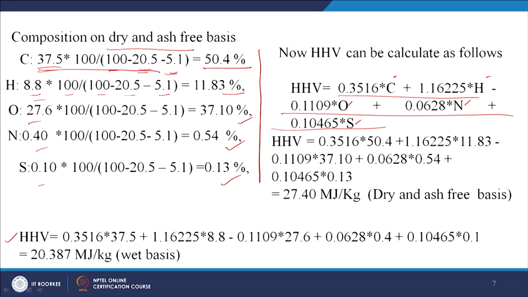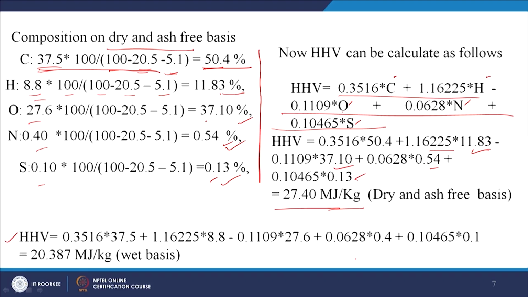So, HHV equals 0.3516 into 50.54, plus 1.16225 into 11.83, plus 0.1109 into oxygen, that is 37.10, plus 0.0628 into nitrogen, that is 0.54, and then 0.10465 into sulfur, that is 0.13. So, by calculation HHV is equal to 27.40 megajoule per kg on dry and ash-free basis.